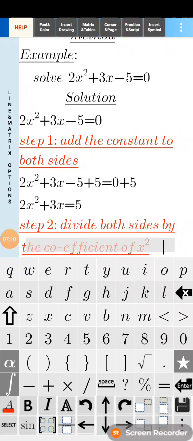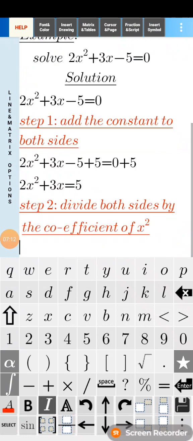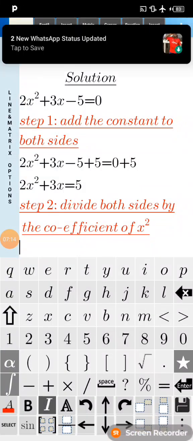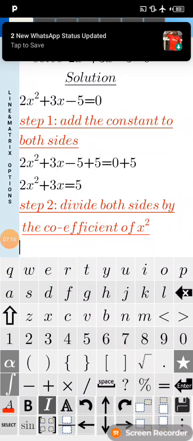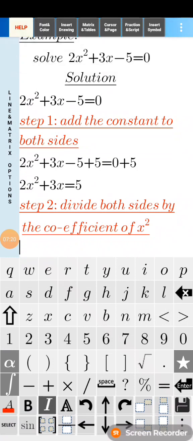Now we're asked to divide both sides by the coefficient of x squared.